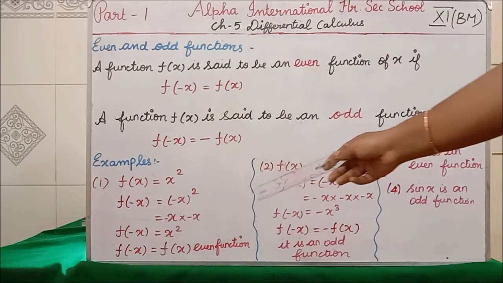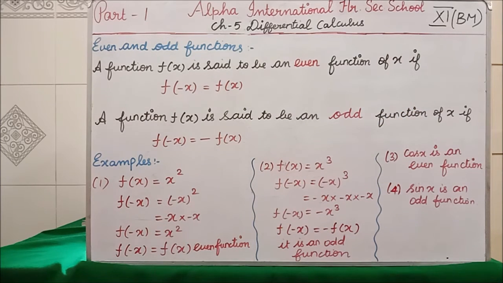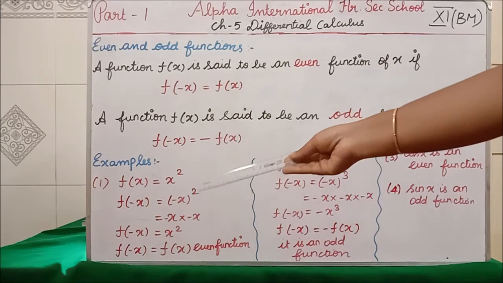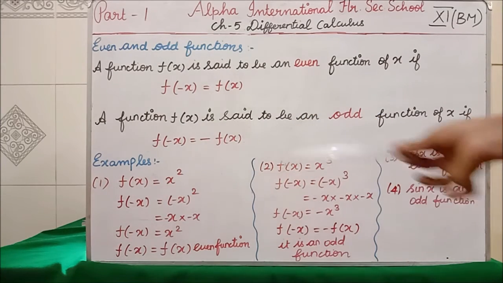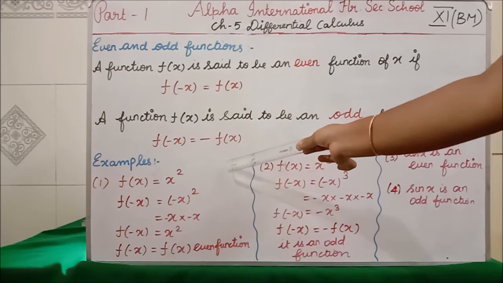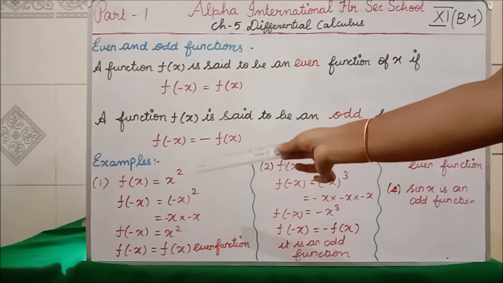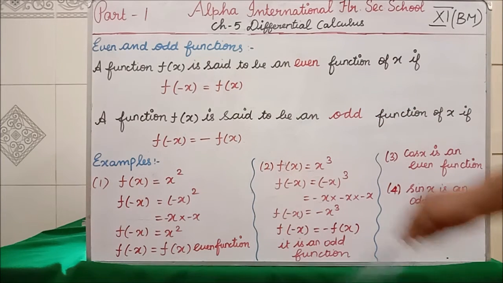Now see the even function example here. F of x equal to x square. That is our question. What am I telling? F of minus x. So wherever you have x, you have to substitute minus x. Clear? So f of minus x is equal to, instead of x, I have to put minus x.